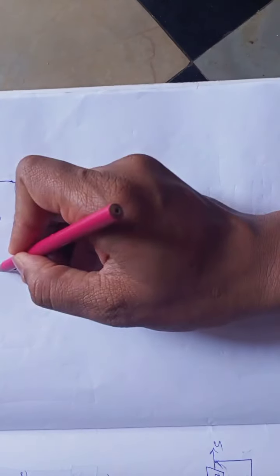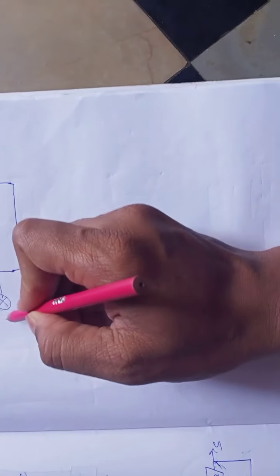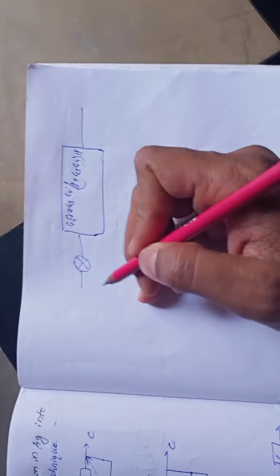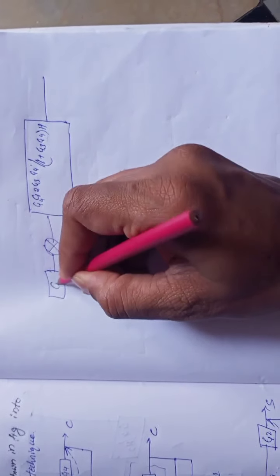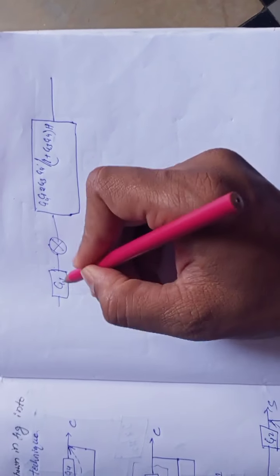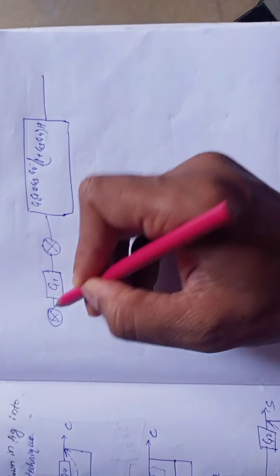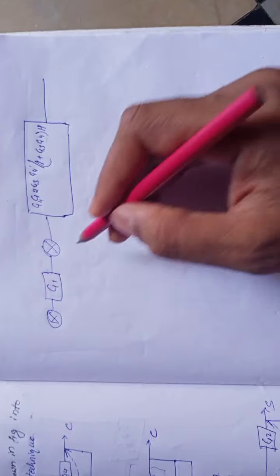Now this block is reduced. Here is G1 and the summing point remains as it is.